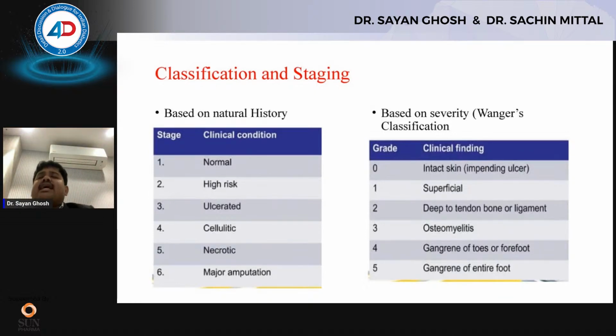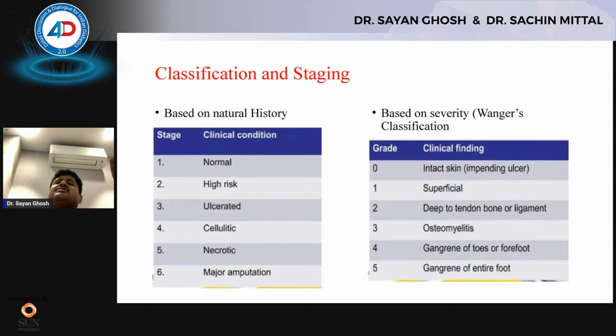On the basis of the natural history and clinical conditions, stage 1 may be normal. Stage 2 is high risk for ulcer formation but not having any ulcer. Which patients are at high risk for ulcer? Number 1, the patient has neuropathy or nerve damage in the foot. Number 2, the patient has some foot deformity.